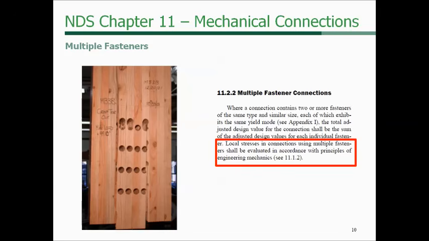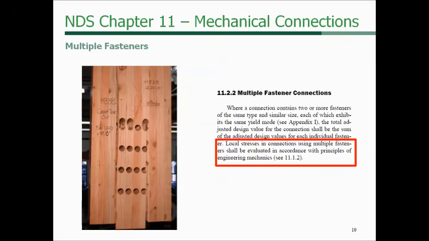And the test results there on the left in the figure show a chunk of wood being torn from the wood member due to a group of bolts that was tested in this glulam beam. And so we're going to look at this approach to connection design today, because sometimes that is overlooked.